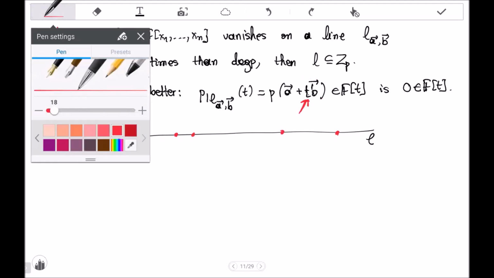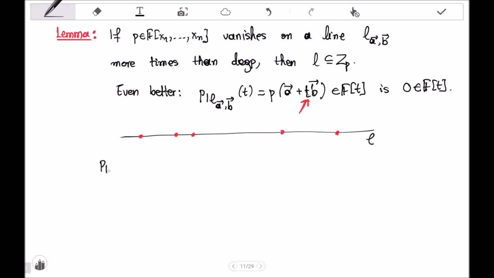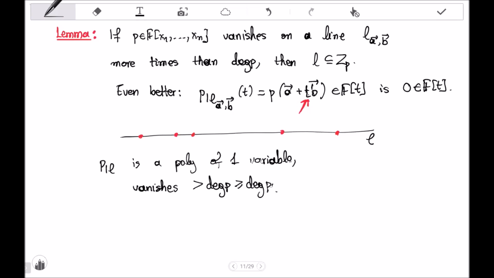So P restricted to L is a polynomial of one variable that has more roots than the degree of the original polynomial, which is at least the degree of our one-variable polynomial. And a polynomial cannot vanish more times than its degree unless it is the zero polynomial itself.